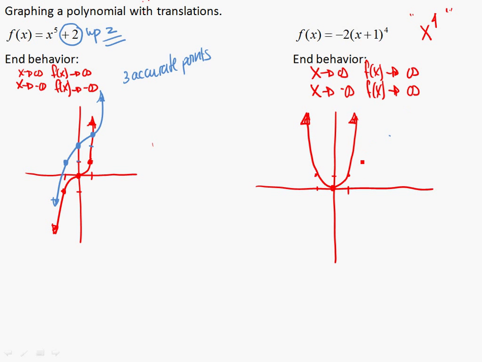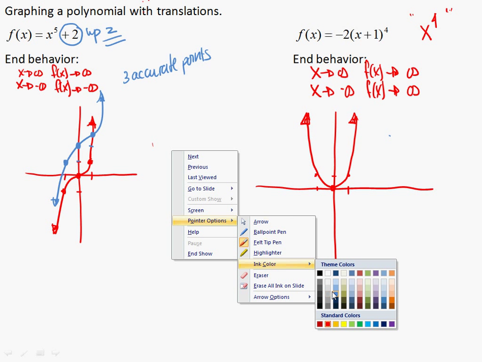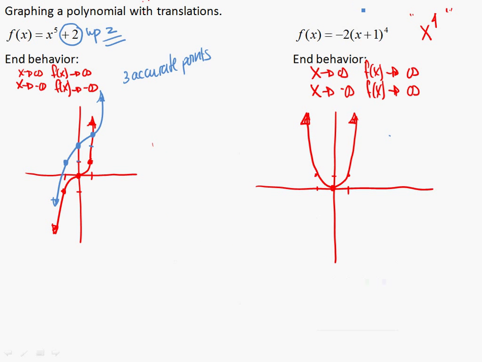Alright, now let's see what all the stuff does. So in blue, we're going to graph the transformations. And I probably should list them, and I did list them, sorry. Okay, so what are the transformations? The leading coefficient is going to be -2 here, yes.